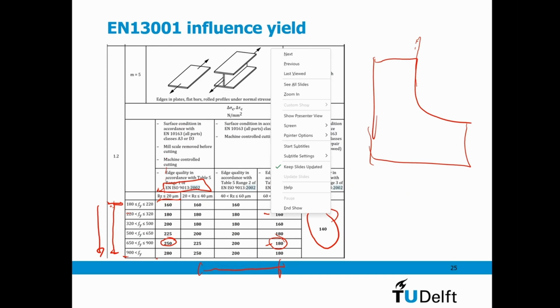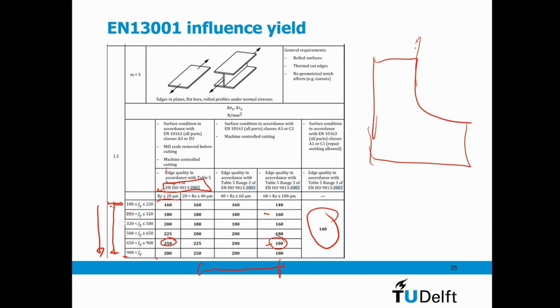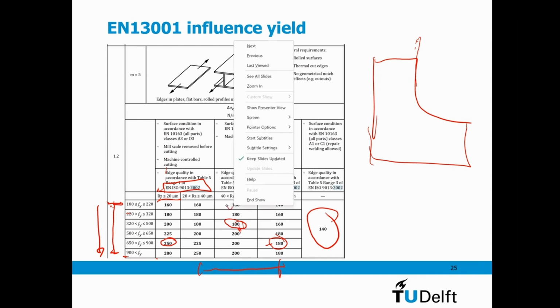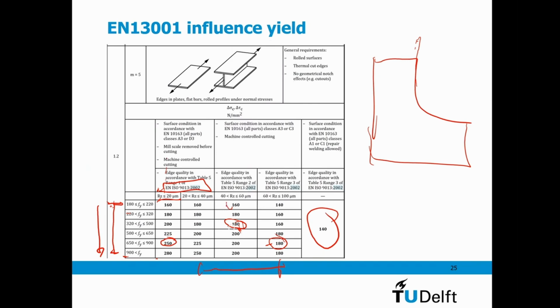So S355, that is this one. Yeah, this is more or less the normal condition. So in general, you use 160 for S235 and 180 for S355.